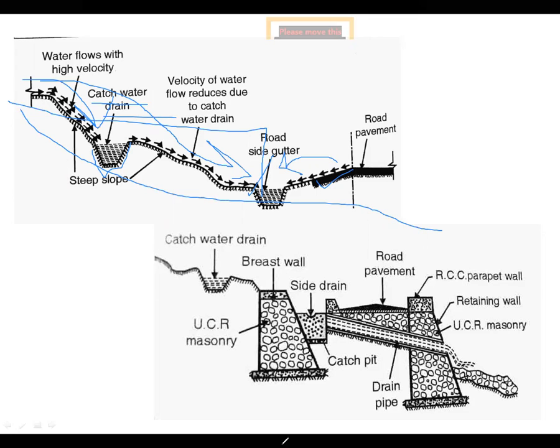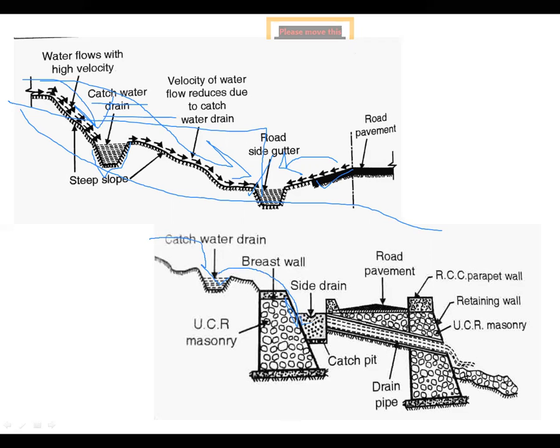Another type of catch water drain is this. This catch water drain is provided when there is a crossing, where there is a slope on one side and a valley on the other side, and draining of the water from above the surface is problematic. So the water is collected in this catch water drain and drained off at the side drain.